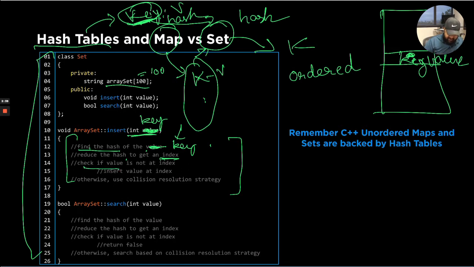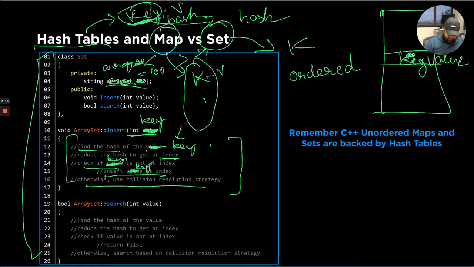Then you check if there's not an existing key at that index, and then you just insert that particular key at that index, or a key value or whatever. Otherwise, you use a collision resolution strategy, let's say instead of an array set, you're using an array or a vector of linked lists.